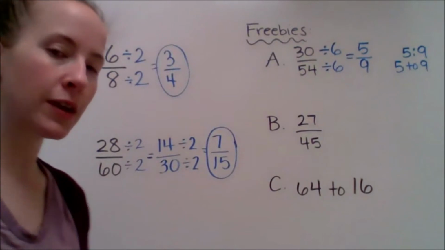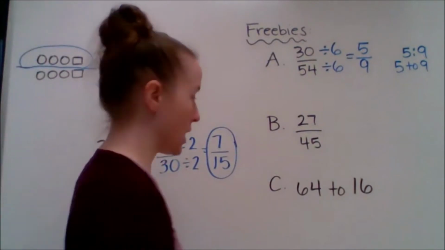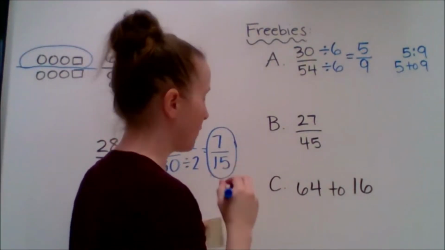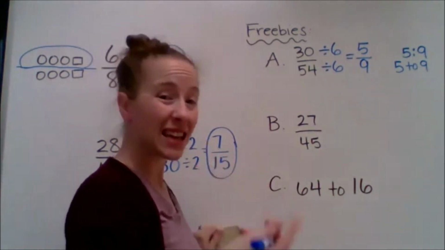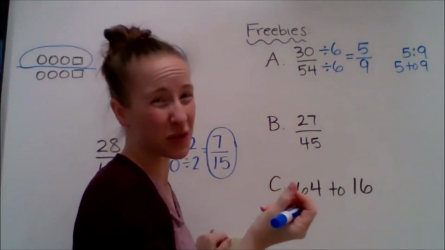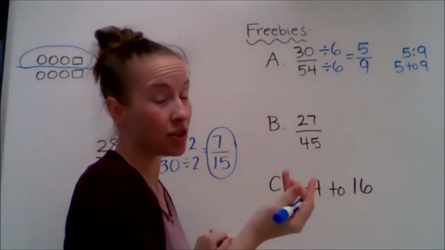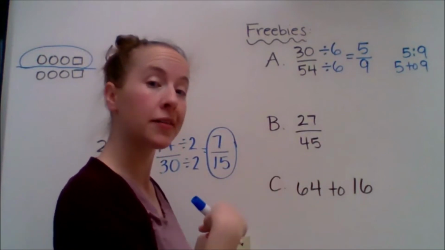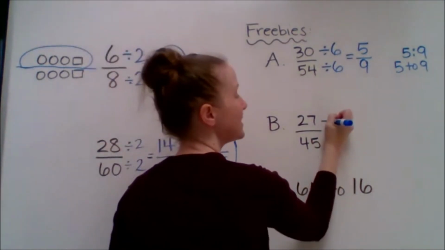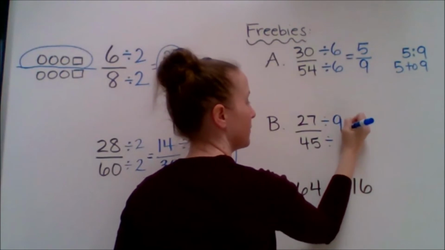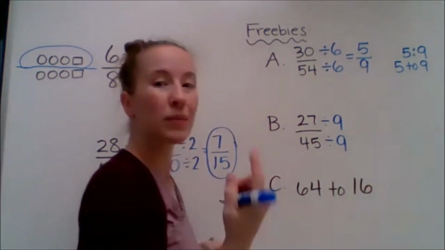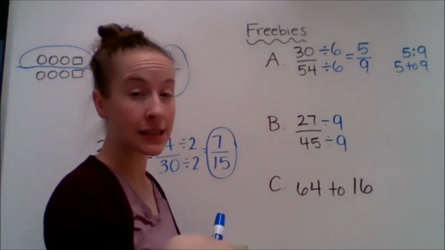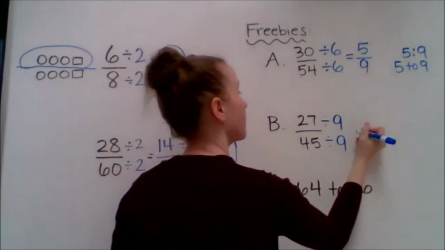Okay, so the next freebie that we're going to do is letter B. Now we have a 27 and a 45. I see a 3's fact, but I'm going to always search for something bigger if I can, because I like to do things quicker in one step rather than 2 or more steps. I see a 9's fact. So I'm going to divide by 9 and see if I can get to the simplified ratio quicker.